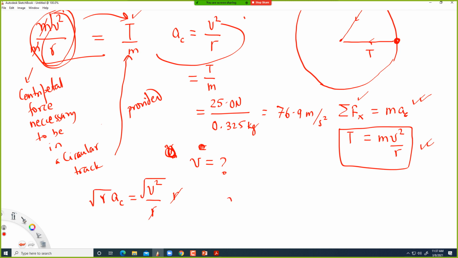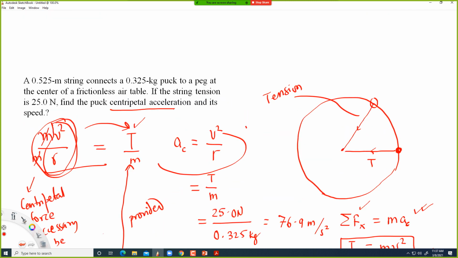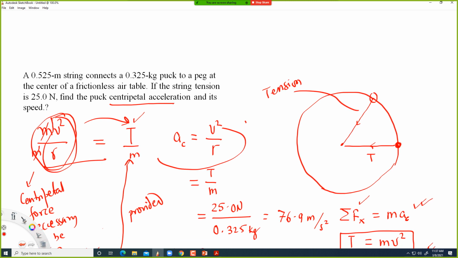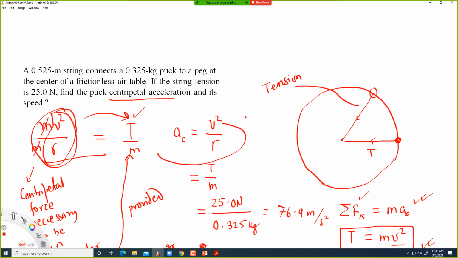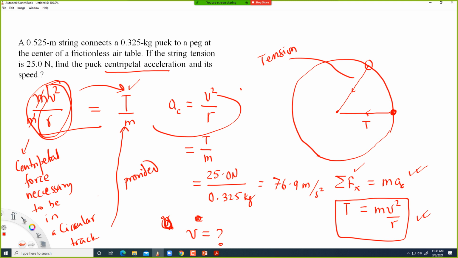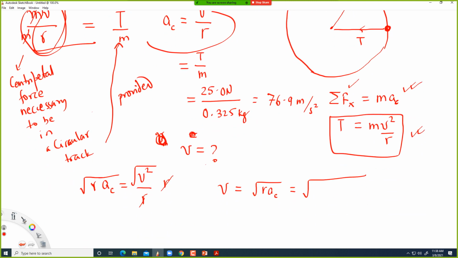So you have v is equal to the square root of r a_c. r is the radius of the circle, which is given. The radius of the circle is the length of the string, which is 0.525. And acceleration is what we just found, 76.9 meters per second squared. So that gives us the speed.